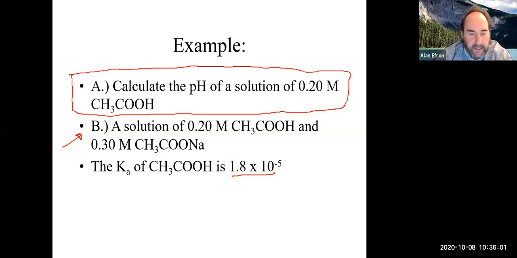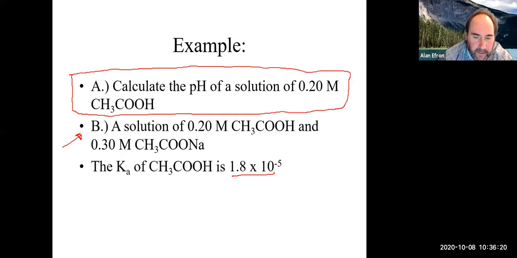Okay, so let's take a look here, see how we're doing. So looking at part A, like I mentioned before, it really is just a weak acid. So all we have in there is just the weak acid, which is acetic acid. And we have the Ka value given to us. So we're just going to basically treat this like normal. We have 0.2 molar, it looks like.